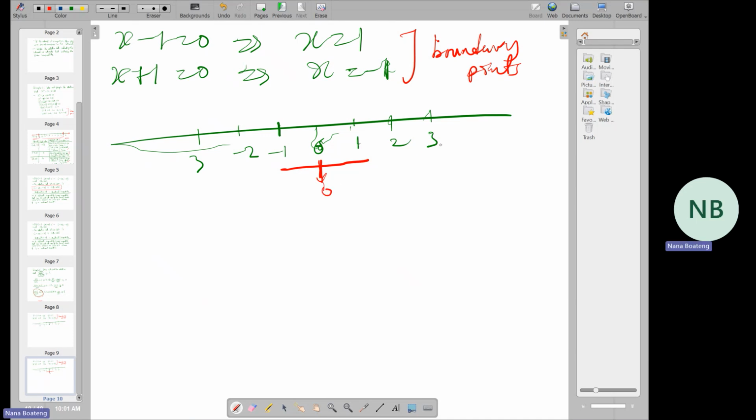You can pick a test point after 1, such as 2. And we can also pick a test point before -1, such as -2. So these will be our test points. Let's put them in a table. Let me do that on the next page.